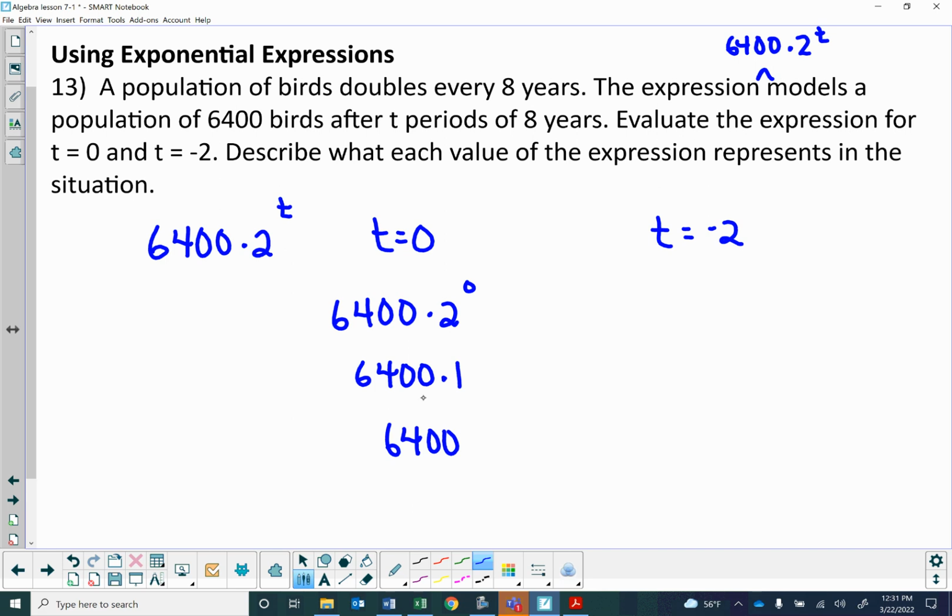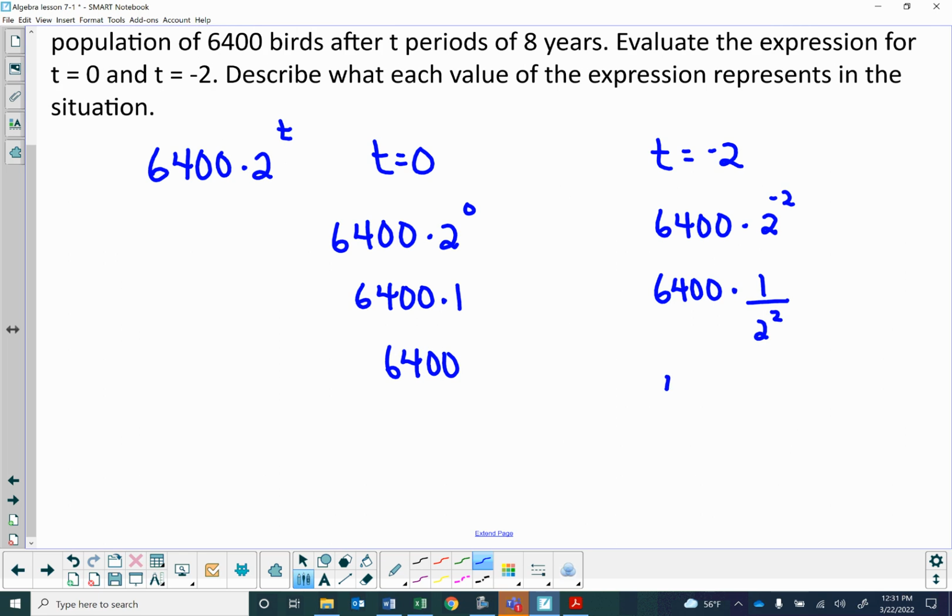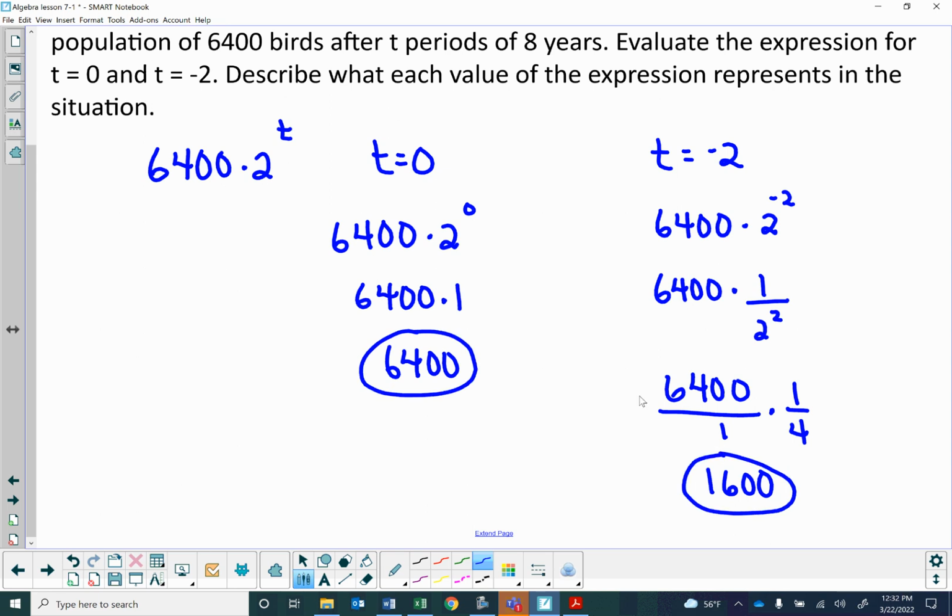T equaling -2 means I have 6,400 times 2 to the -2nd power, which is 6,400 times 1 over 2 squared, which is 6,400 times 1/4, and 1/4 of 6,400 is 1,600. So 6,400 is when t equals 0, and 1,600 is when t equals -2.